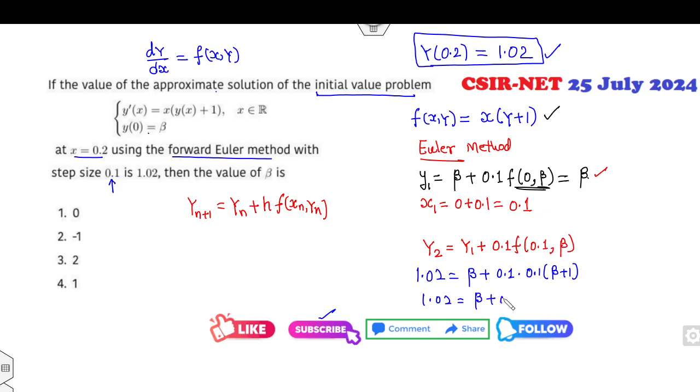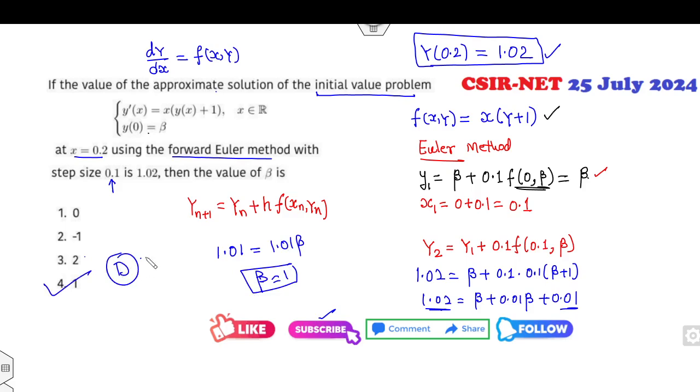It is beta plus 0.01 times beta plus 0.01. I can subtract them. This will give 1.01, which is 1.01 times beta. So what is the answer for beta? 1 is the right answer of this problem.